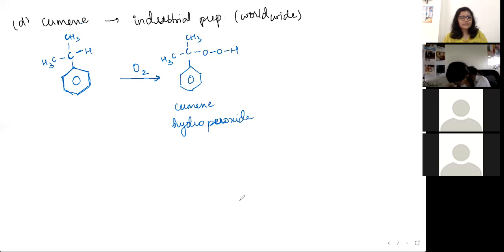It's easy to see where the name comes from. The peroxide is basically this part of the molecule. Hydro represents the hydrogen atom on one side, and the other side is the cumene part. So, cumene hydroperoxide.